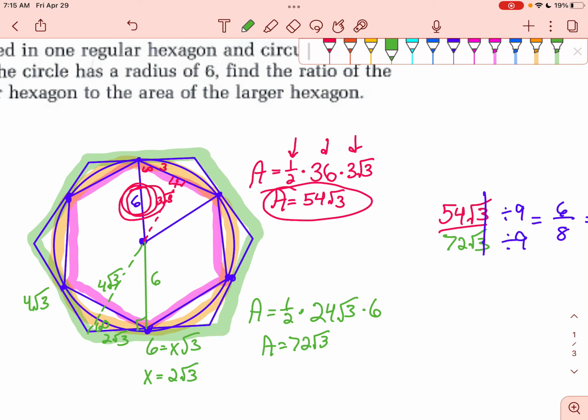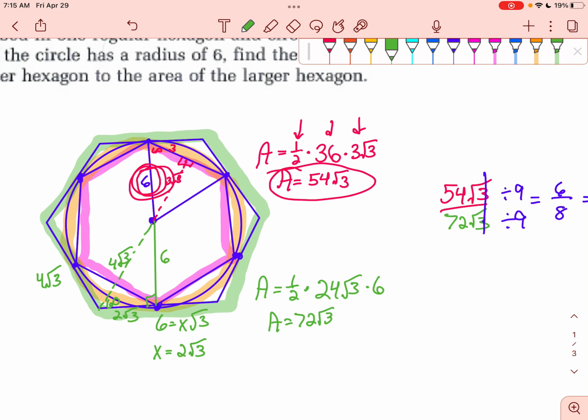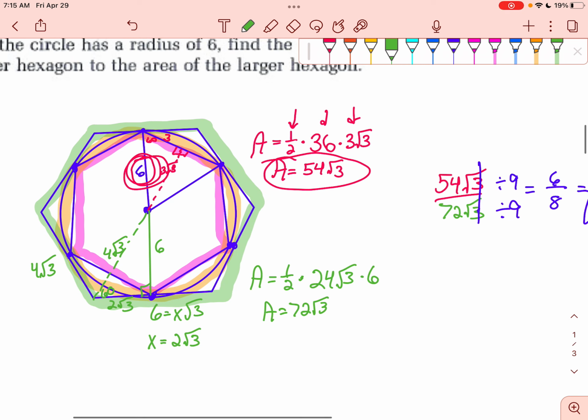Then I looked at my green one. So pretend that the pink one's not there. Again, the radius of the circle is 6. I drew my radius in, but this time I'm focusing on where this radius is hitting the green hexagon. If you look, this radius is the apothem.